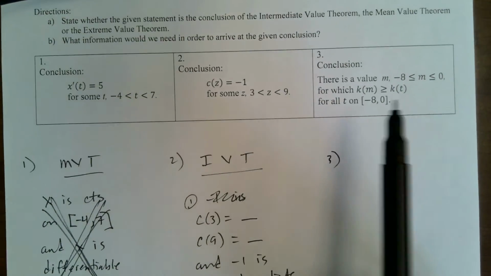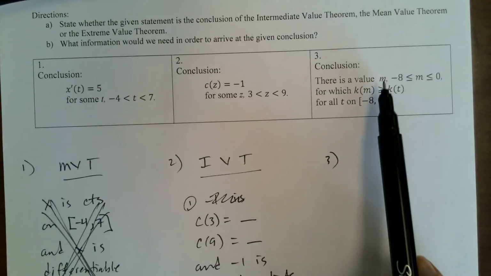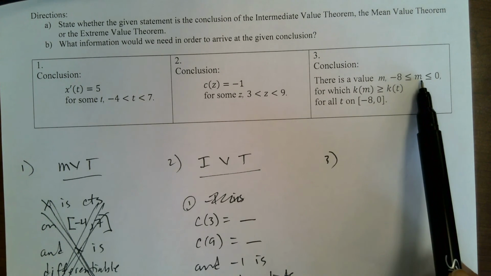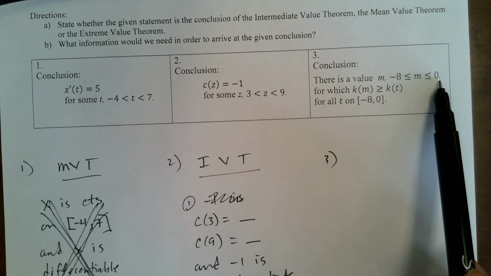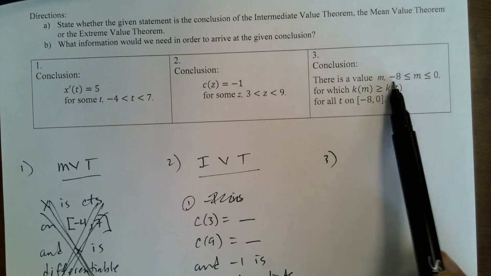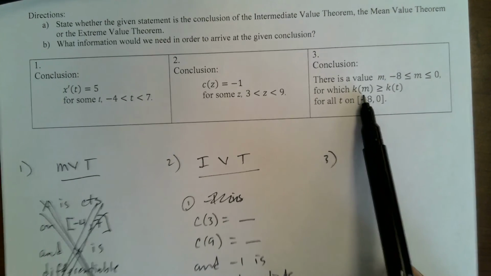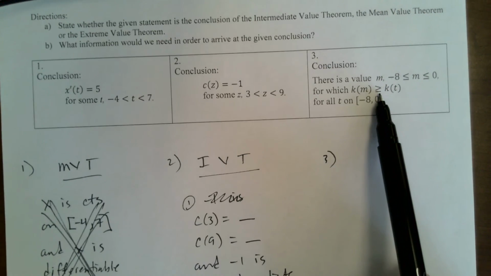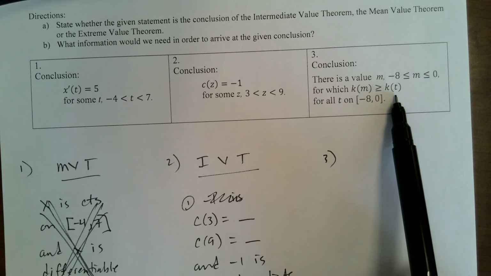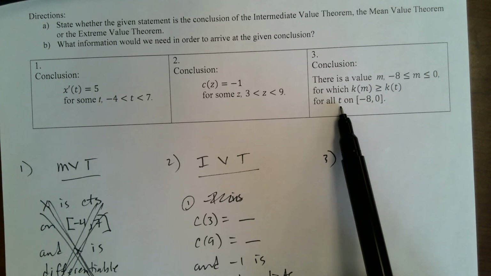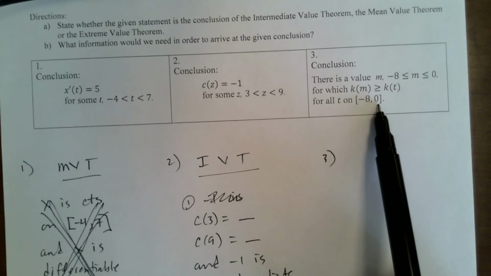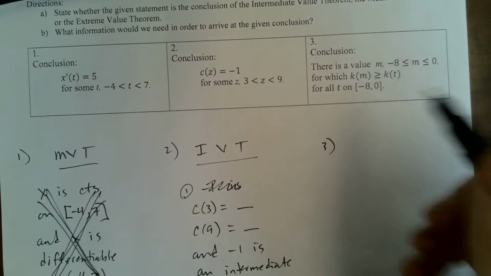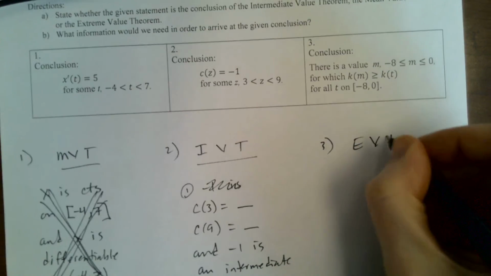Right? Now the third one. The conclusion is there is a value m that is between -8 and 0, but it could also be -8 or it could be 0. So this is a closed interval, for which k of m is greater than or equal to k of t for all the other t's on -8 to 0. Guys, this is the extreme value theorem.